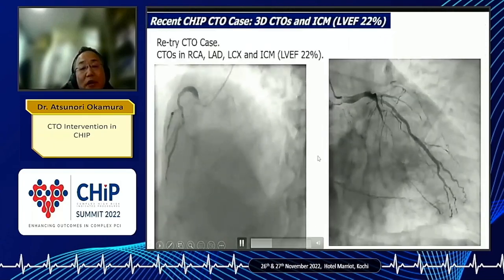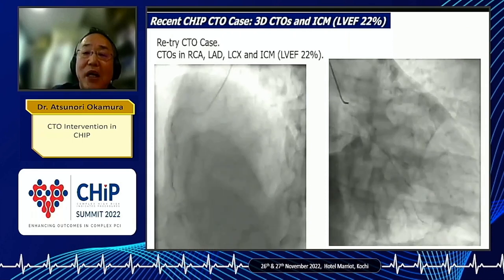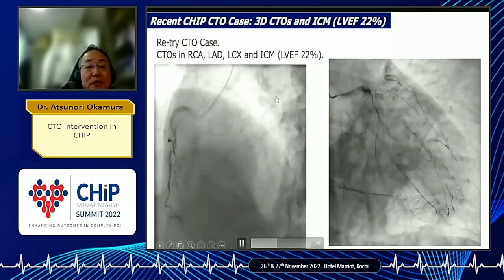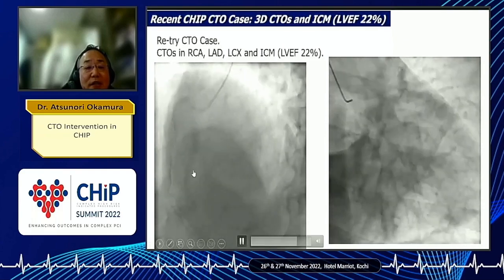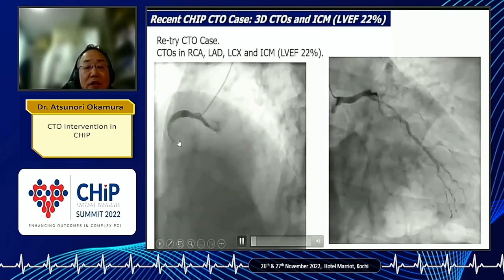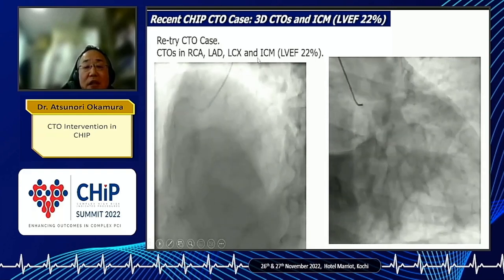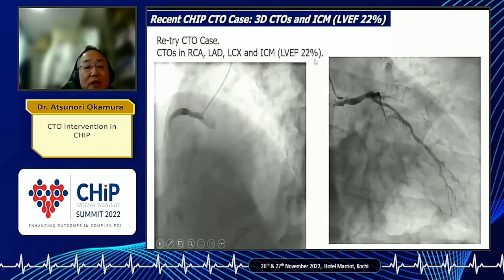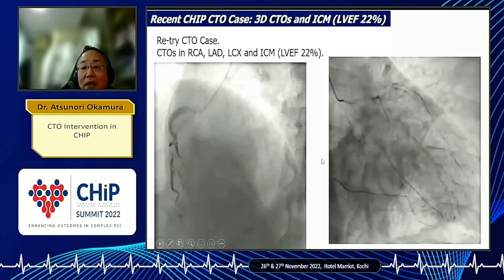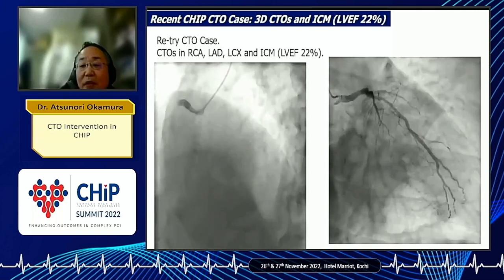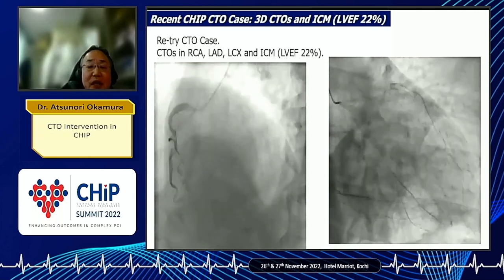So I will introduce my recent intervention for the TIPS patient. The patient has three CTOs, RCA CTO, LAD CTO, LCX CTO, and the LV function is 22%. So this is a very highly complex CTO intervention and also high risk, with poor LV function.